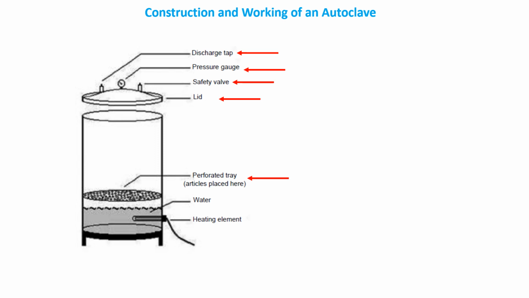At this pressure, the articles are held for 20 minutes, after which the heating is stopped and the autoclave is allowed to cool. Once the pressure gauge shows the pressure equal to that of the atmospheric pressure, the discharge tap is opened to let the air in. The lid is then opened and the articles are removed.